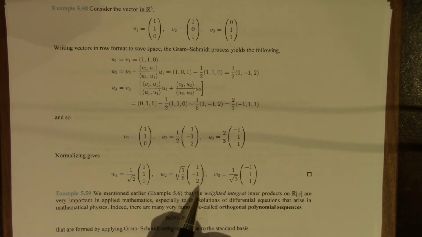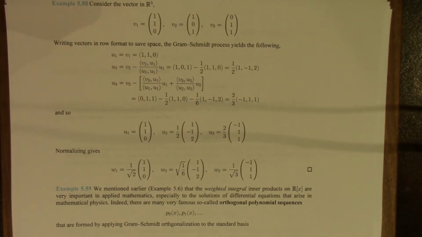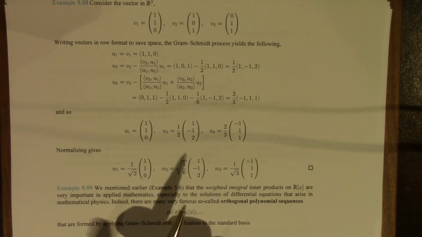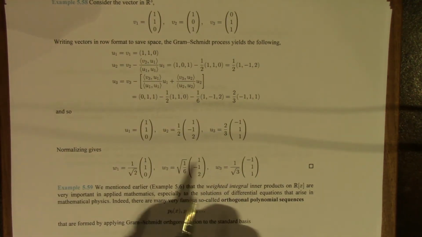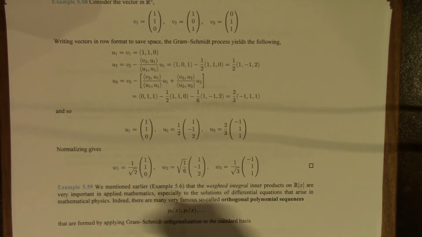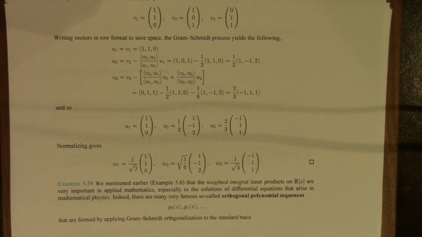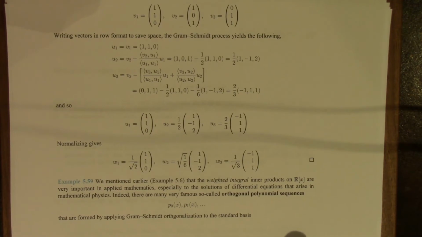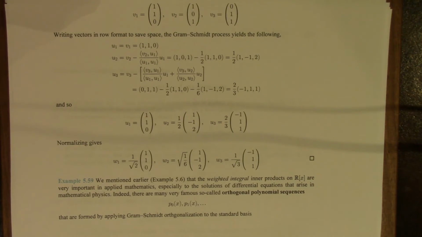And of course, then the third running span is all of R3. So the point of this Gram-Schmidt process is to produce not just an orthogonal or orthonormal sequence, but one that is tied very intimately to the original sequence through the equality of the running spans.